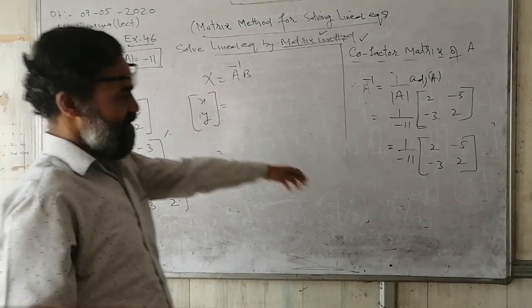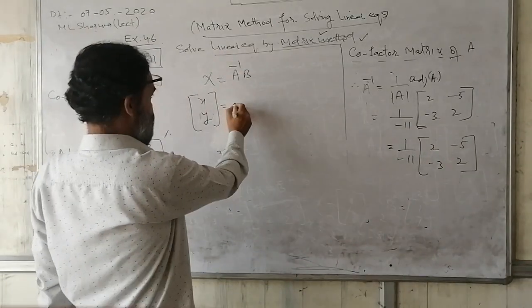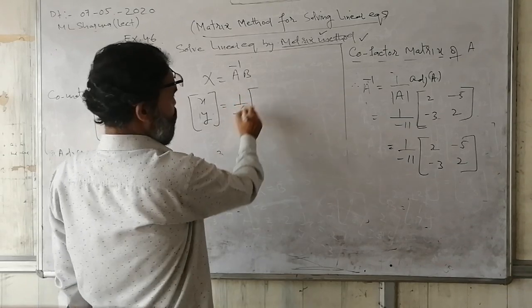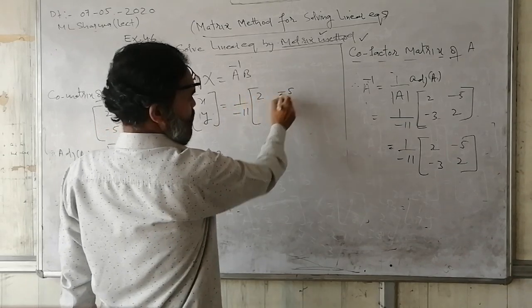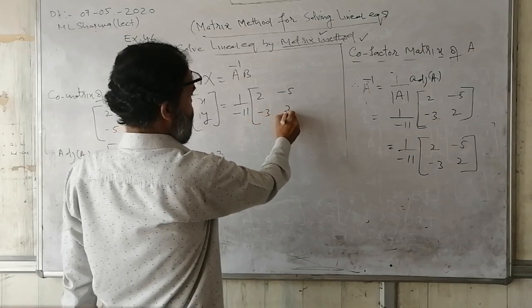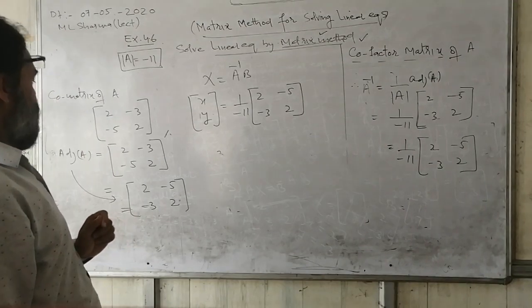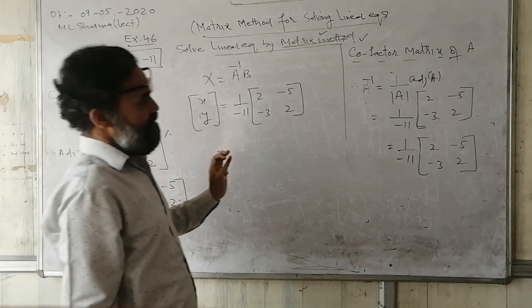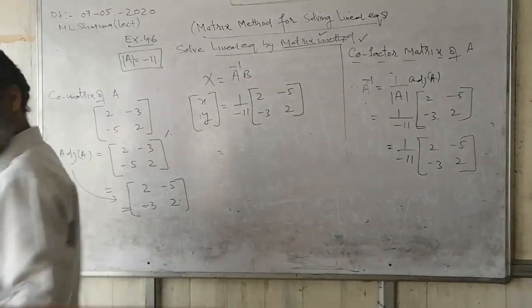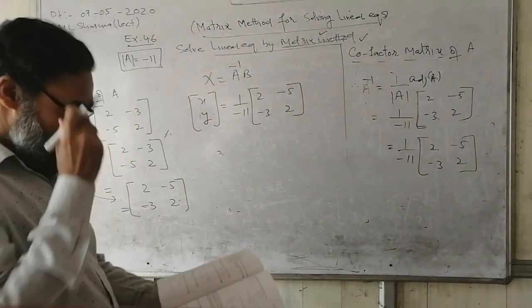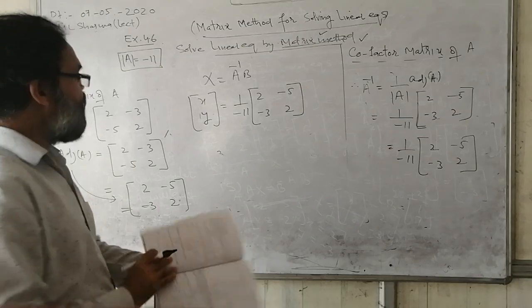A inverse, whose value I have found, is 1 upon minus 11 into 2, minus 5, minus 3, 2. And the value of B is given in the equation. The value of B is 1 and 7.